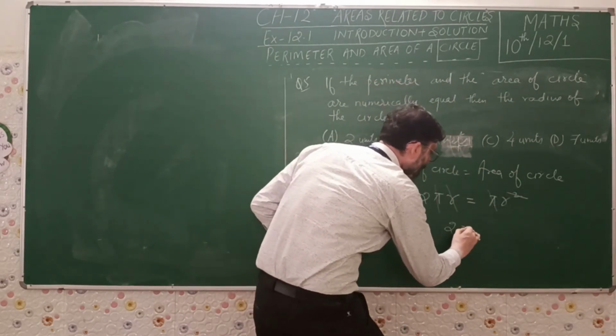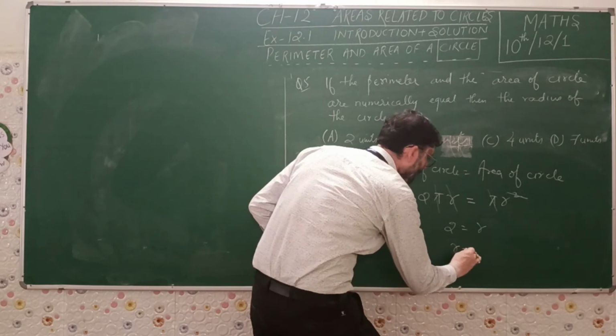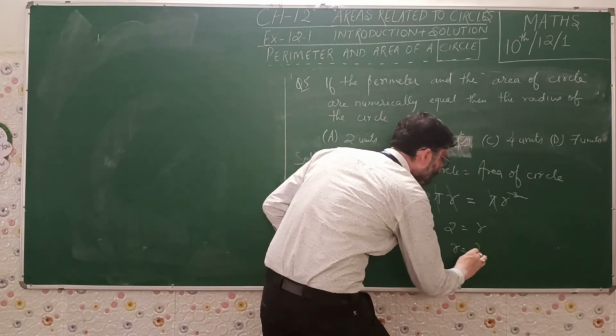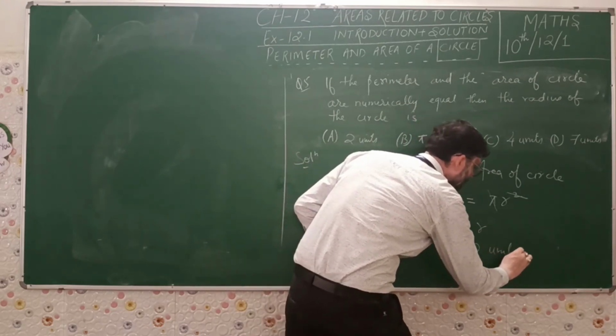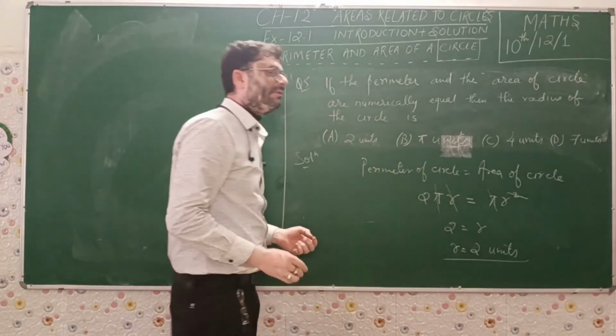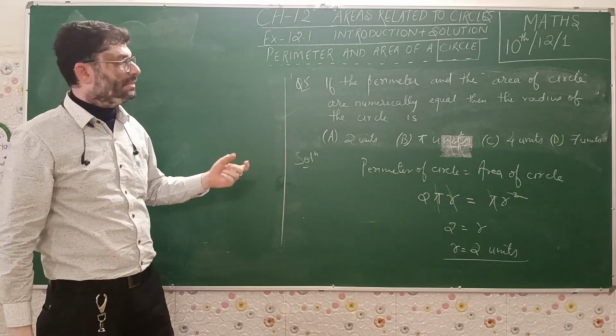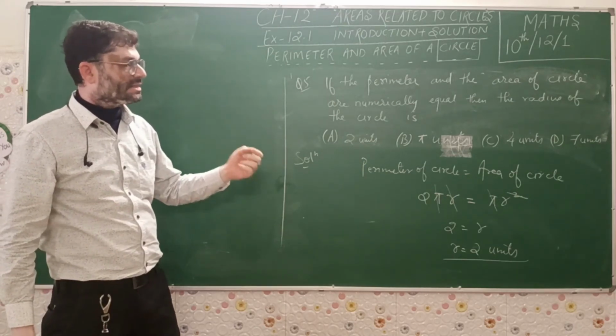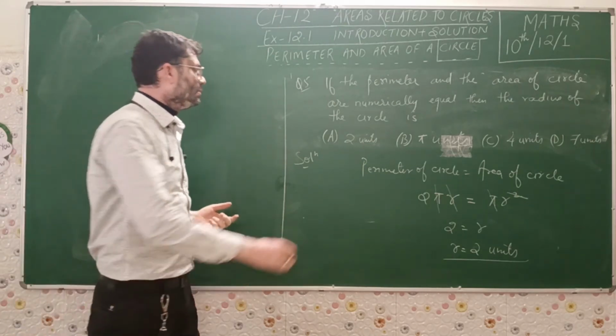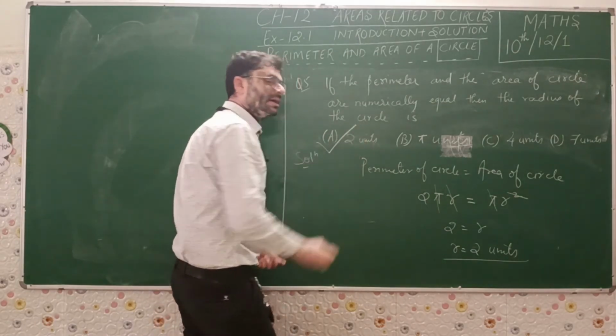So we get 2 is equal to r. So r is equal to 2 units. If the numerical value of the circumference of the circle and the area of the circle are the same, then the radius of the circle is 2 units. That means as per the MCQ, option A is correct.